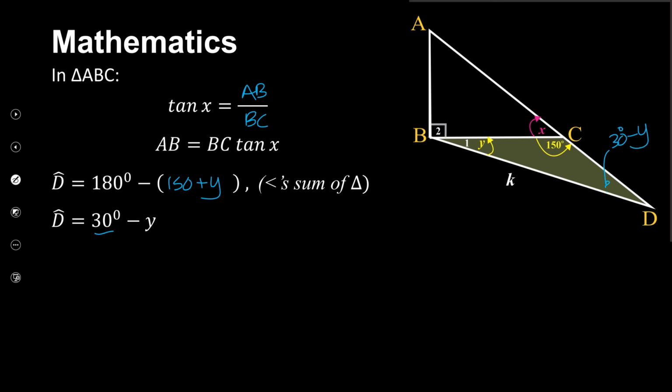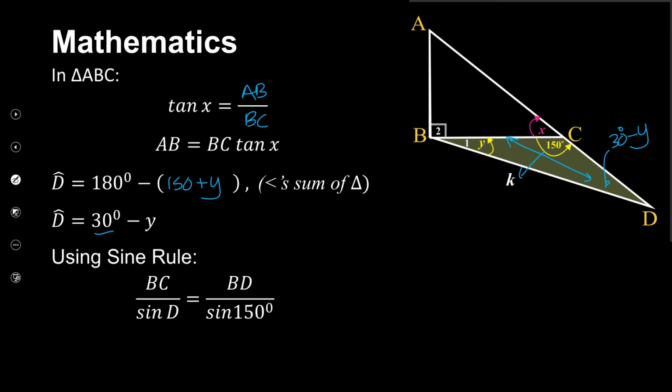Okay, so now we're going to use the sine rule because we have that full pair and we want to find BC. So we're going to begin with BC because that's what we've got to find, so we're going to have BC in the numerator. So BC and the sine across it, which is D, this angle here that we've just found, we're going to substitute it in just now. And the other full pair that we have is BD, this side here, and the angle across it.